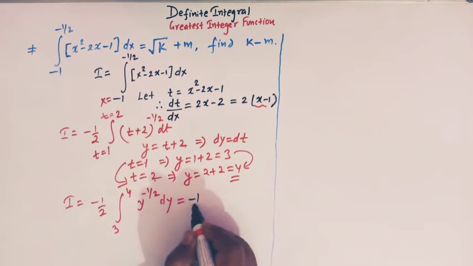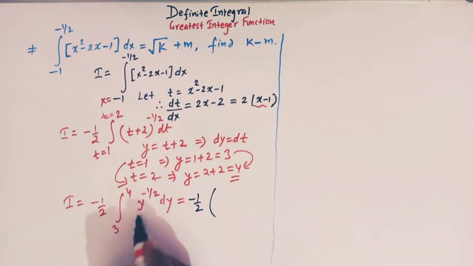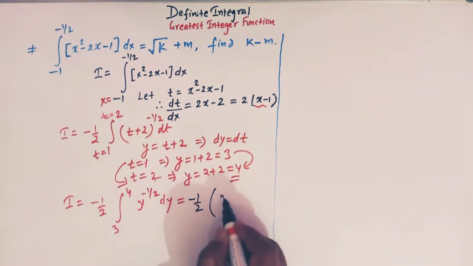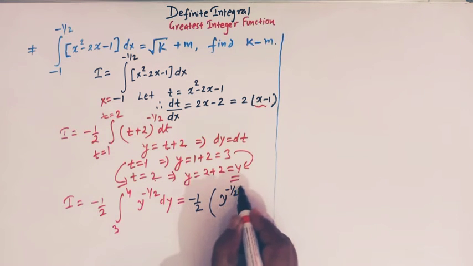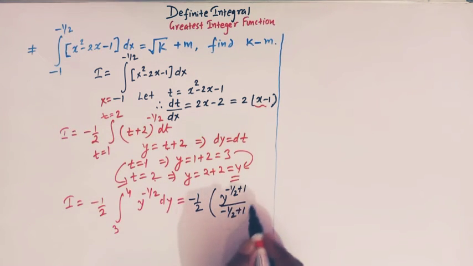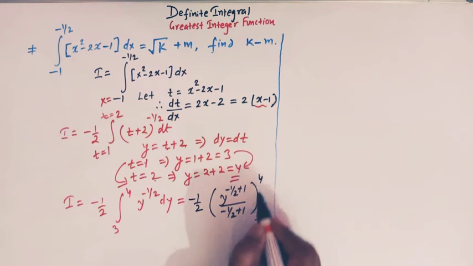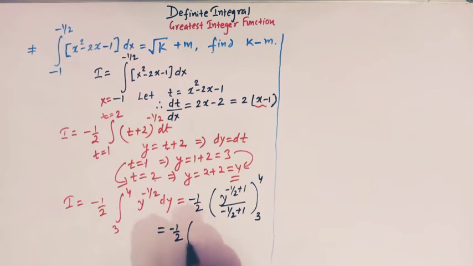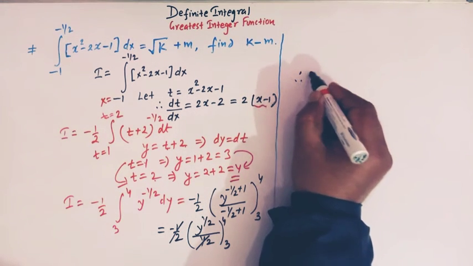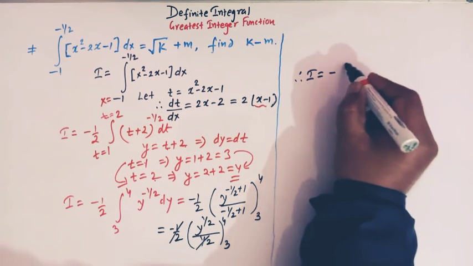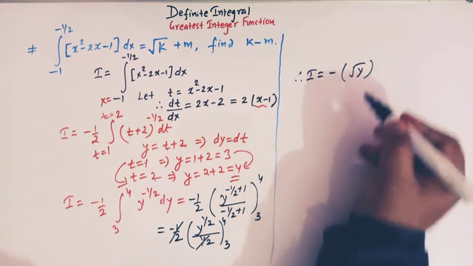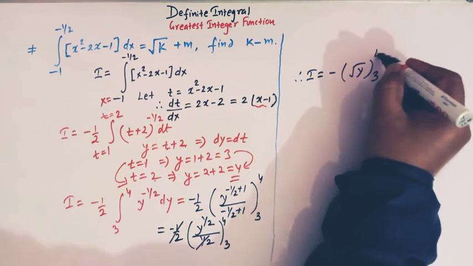So now we have minus half, and the integral of y raised to minus half is y raised to minus half plus 1, over minus half plus 1. Here we have y raised to half over half, with limits from 3 to 4, and this half gets cancelled, and now I is equal to minus square root of y, with limits from 3 to 4, right?